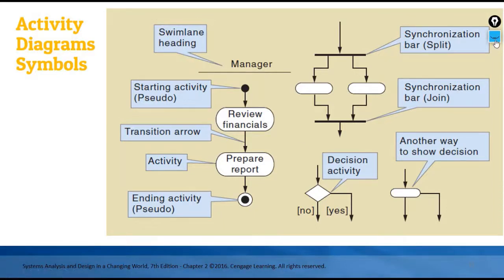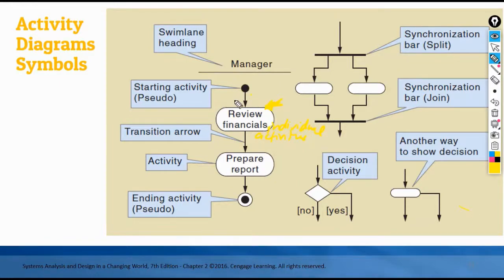The flattened ovals, such as this one right here, represent the individual activities in a workflow, for example, review financials or prepare report. So these are the individual activities.